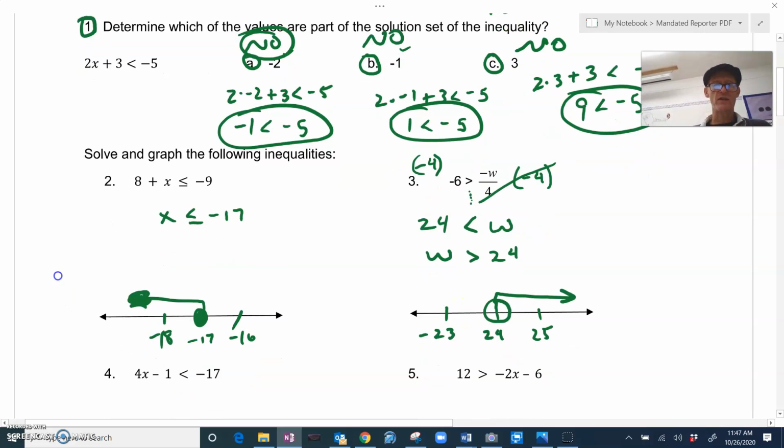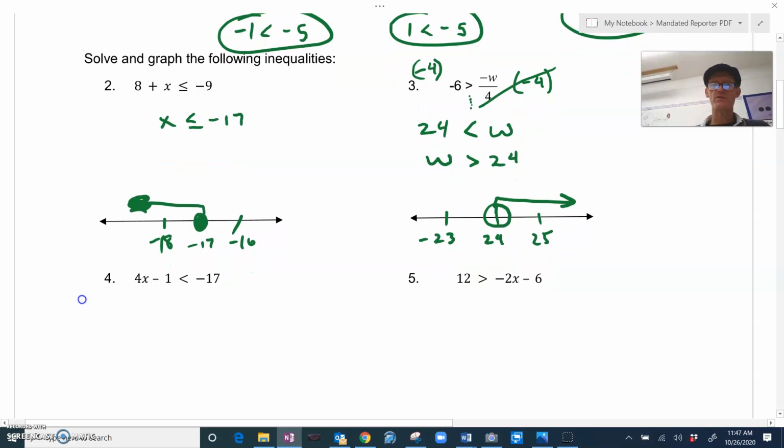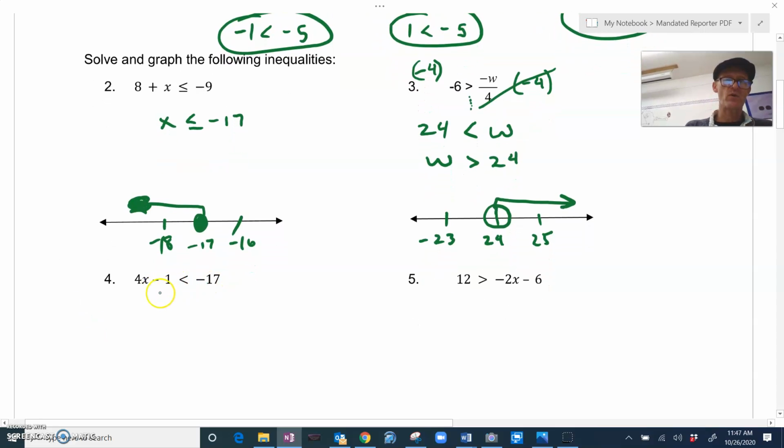Well, that was good. And then now we have a couple of 2 steps. This one is add 1, so we get 4x less than -16, divide by +4.